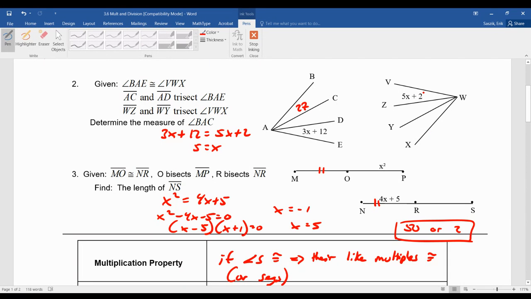We were given that they're both trisected, and we were able to determine something of the smaller pieces. So that's like division. Here, this was multiplication property. We were given that these pieces were congruent. We were given that we had bisection twice, and we were able to determine the bigger things.